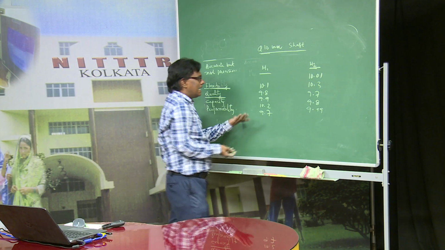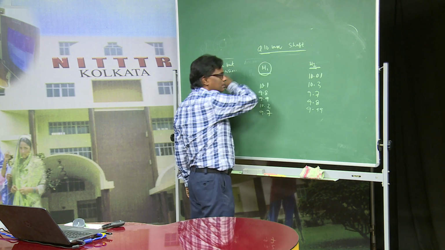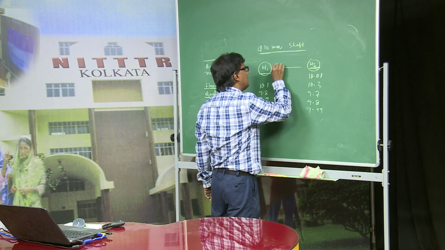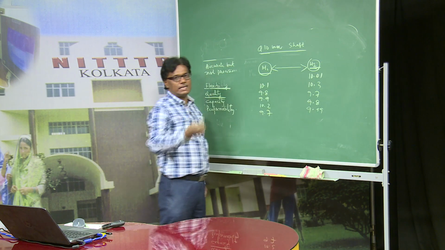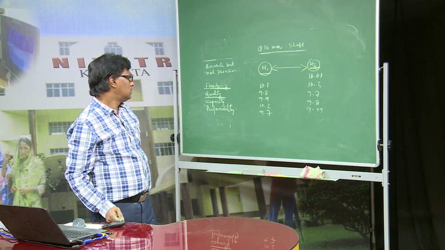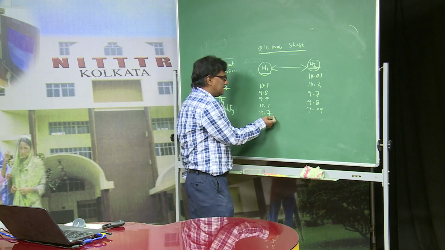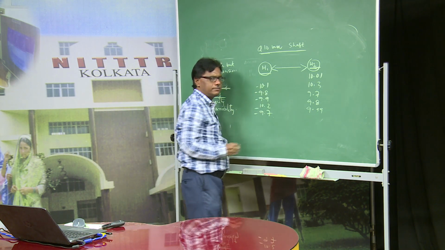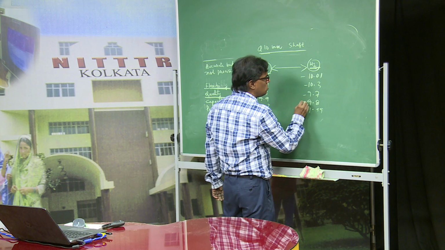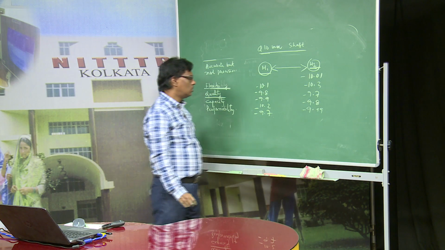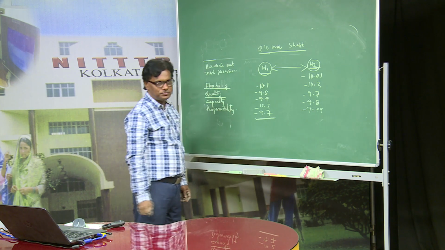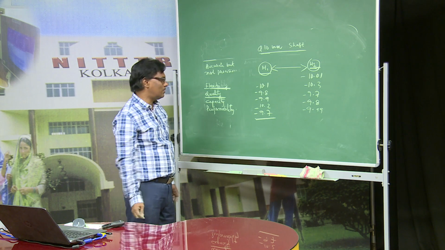How do I assess that this machine or this machine is more accurate, or which machine is more precise? By merely observing this data, I can't do that. So, what do I have to do? I have to calculate first the standard deviation.